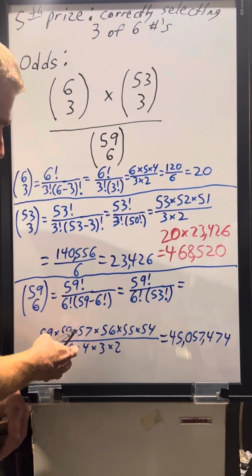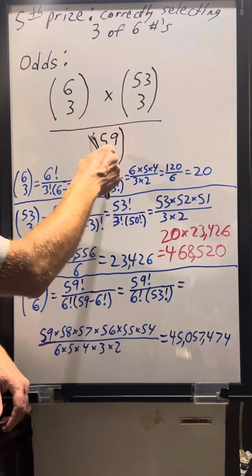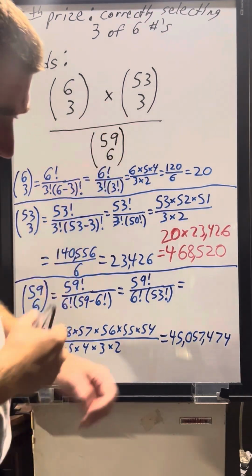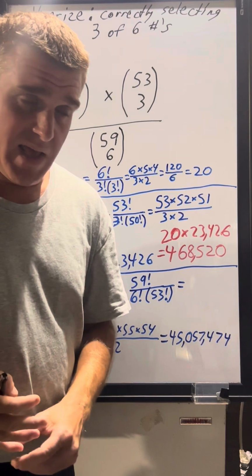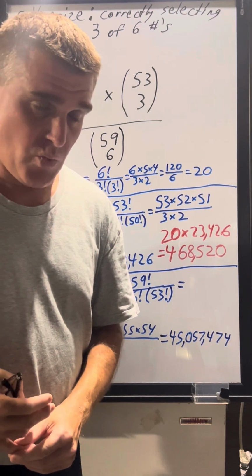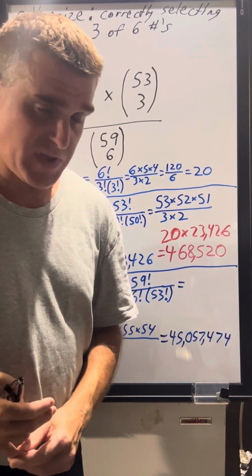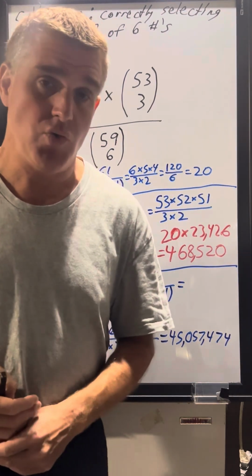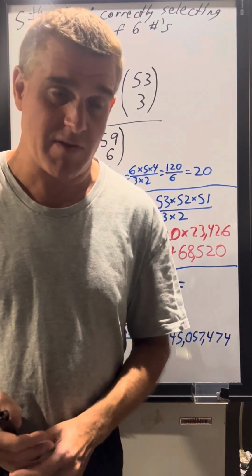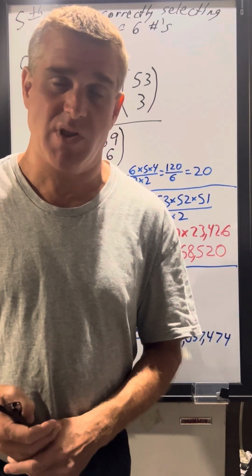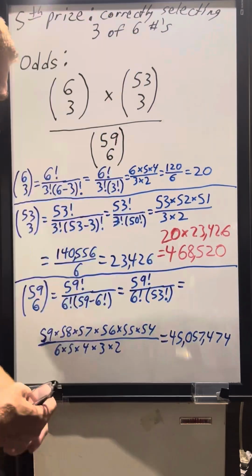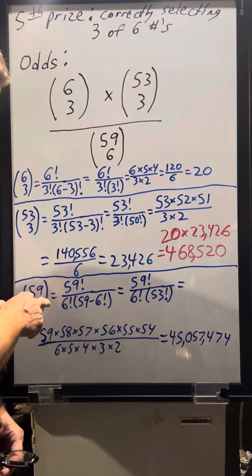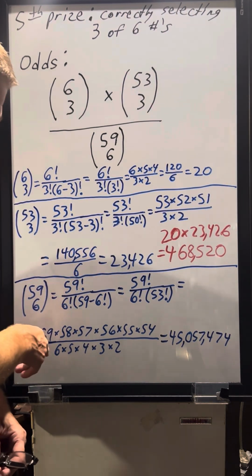And this is the numerator of the formula, where you're dividing the number of different ways you can win fifth prize by the total number of possible ways you can play the game, or put in a different way, the total number of possible outcomes. And it's written as the binomial coefficient, 59 is the top index, 6 is the bottom index.